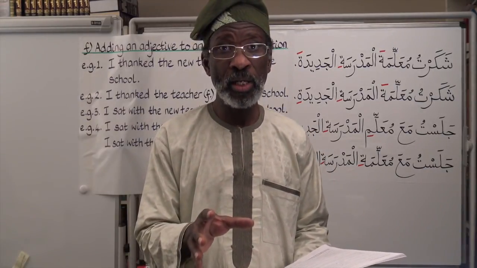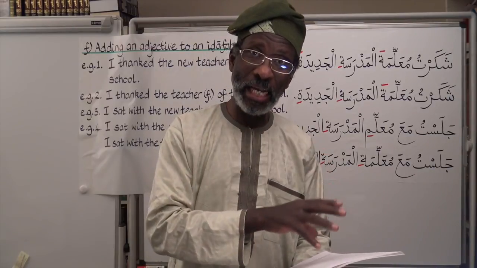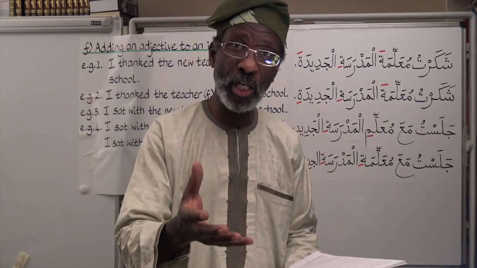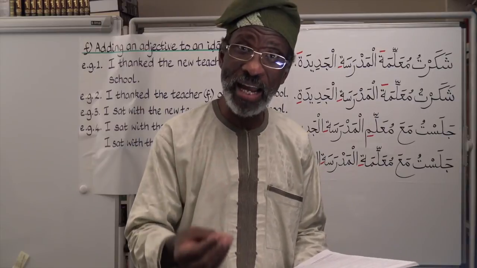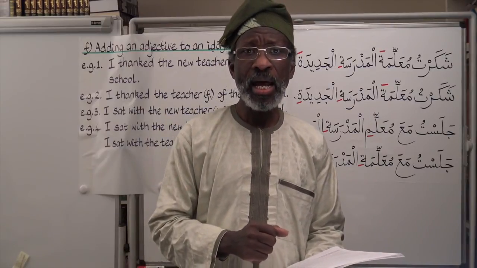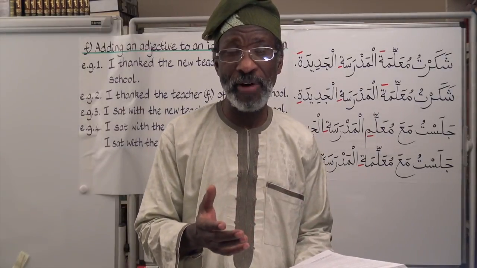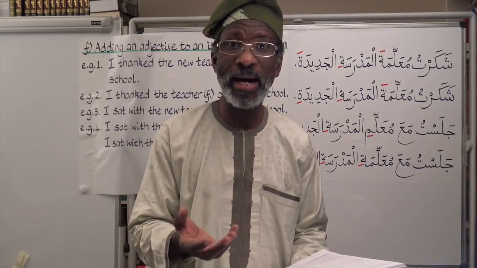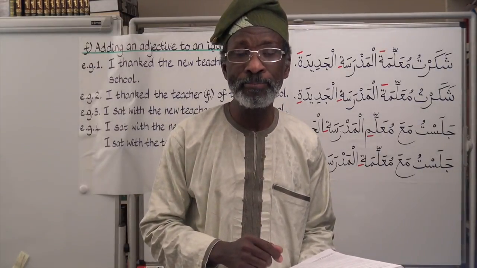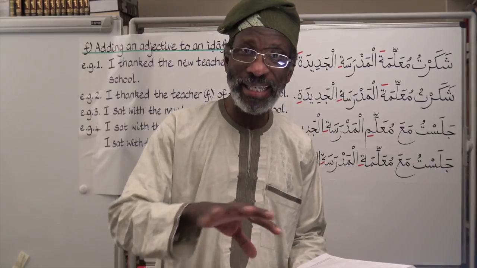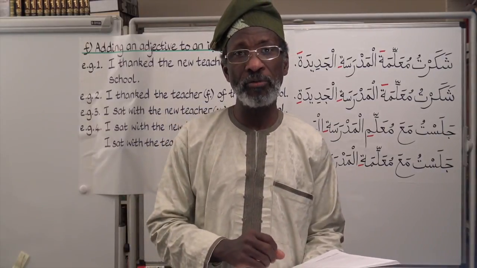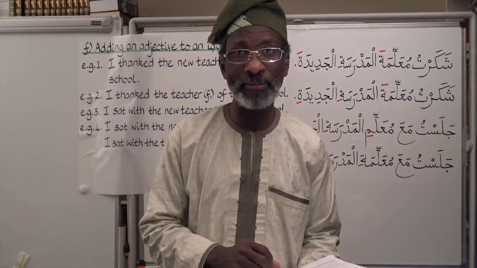The first noun is attributed to the second noun, which means the first noun is a defined noun. The second noun is not necessarily defined, but you may define it by adding, let's say, Al. We also learn that the second noun is always in the genitive case ending.